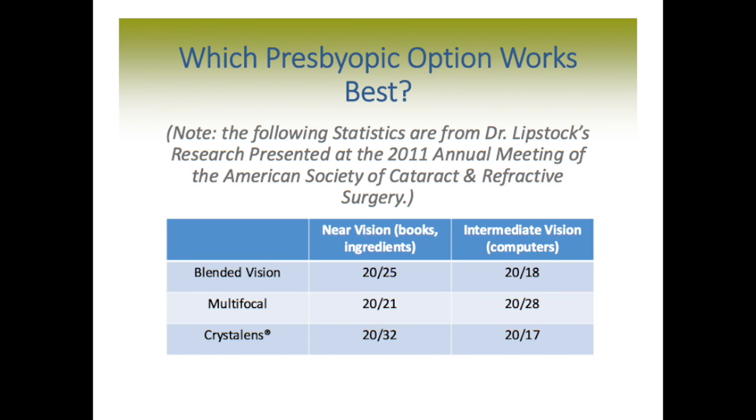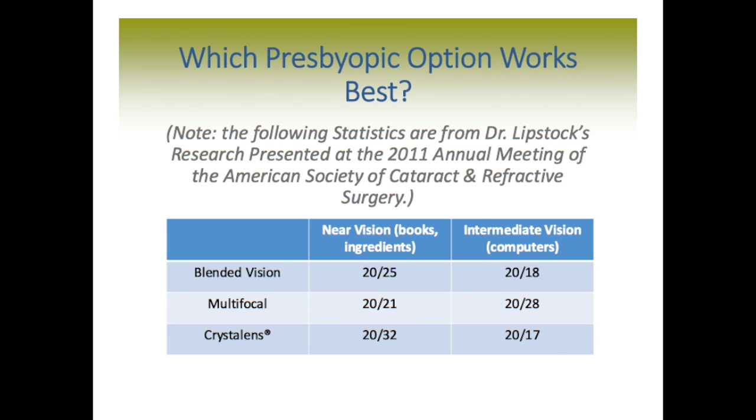They're seeing just about 20/20 reading small print, but they drop off to close to 20/30, less than 20/25, at intermediate range for computers. The crystal lens doesn't have that great a near vision for, let's say, reading a magazine, 20/32, not as good as blended vision.